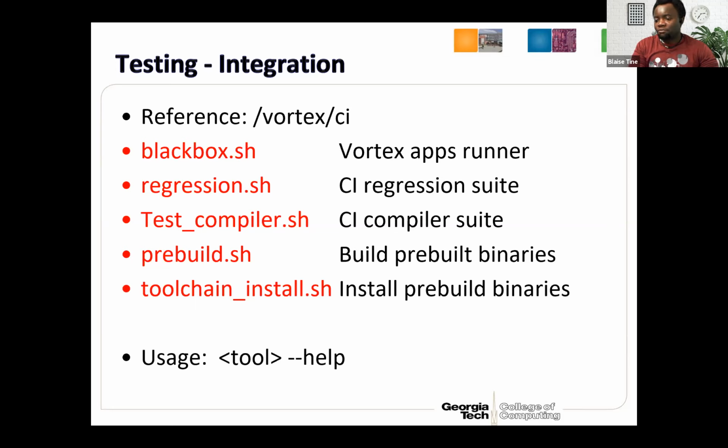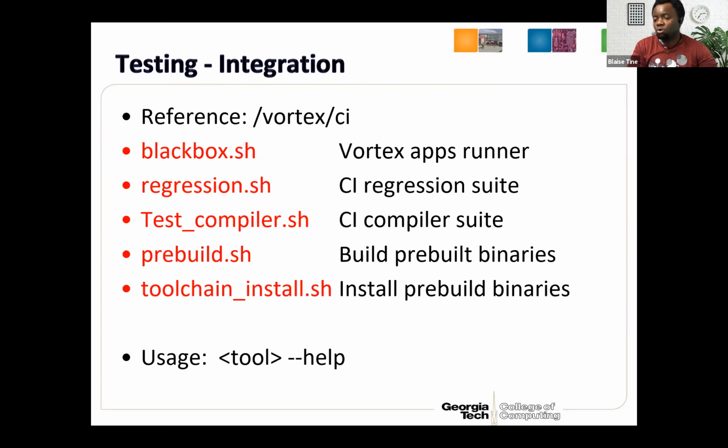We also have some scripts for generating pre-built binaries. I mentioned earlier that we're using an open source OpenCL compiler and runtime that we modify for Vortex. So you can use this to rebuild the binary that you need, and you can also use the toolchain install script to install precompiled binaries.